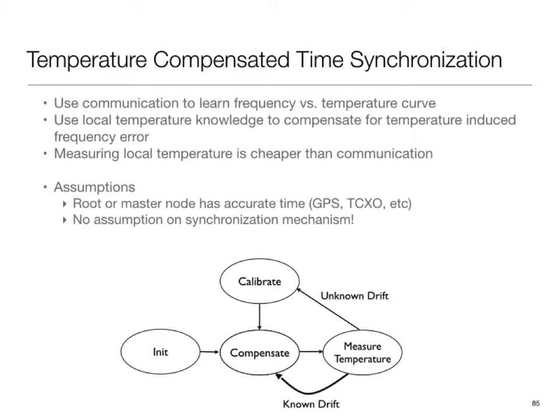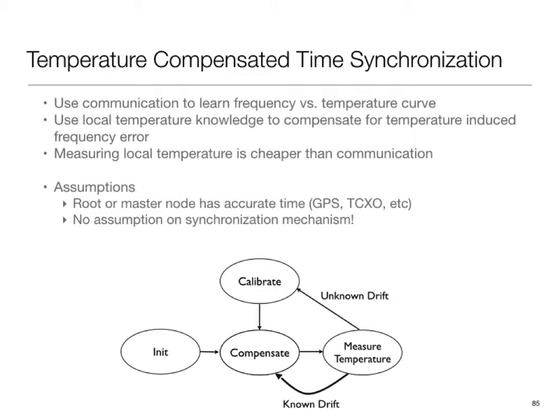So you basically say that for this temperature, my drift is so much. For this temperature, my drift is so much. So after a while, you have learned this. And this could be either just a simple table where you do interpolation, or something more sophisticated, some sort of machine learning algorithm which you train. But the point is that later on, you are going to use the temperature to predict the drift, and then use that as a compensation mechanism without having to go to the server as frequently.